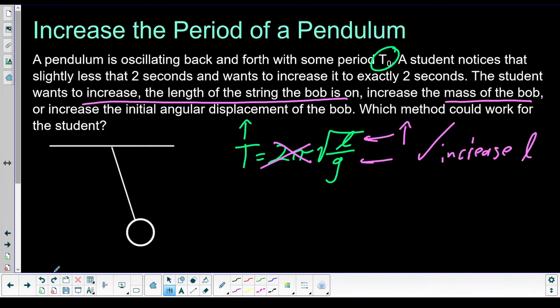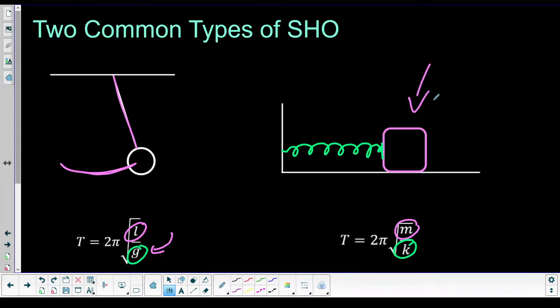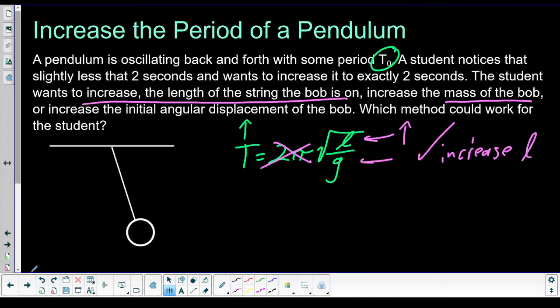So the mass is not going to affect the period of this pendulum. It would affect the period of a mass on a spring, because the driving force is not due to gravity. That would work if we were looking at something with a spring, but because it's a string and not a spring, the mass is not going to work.